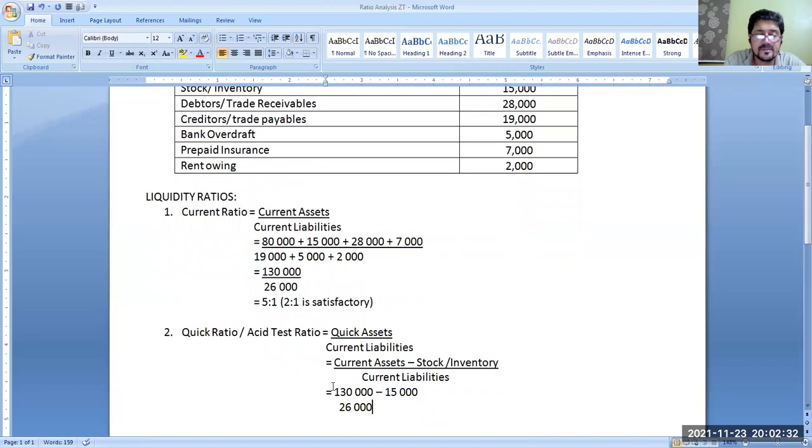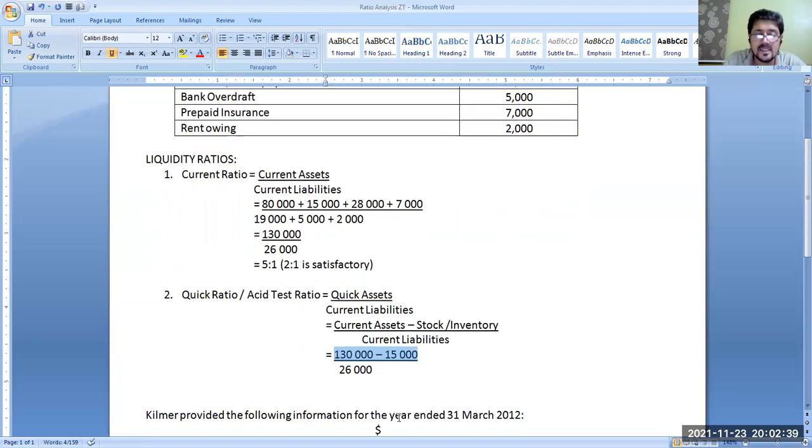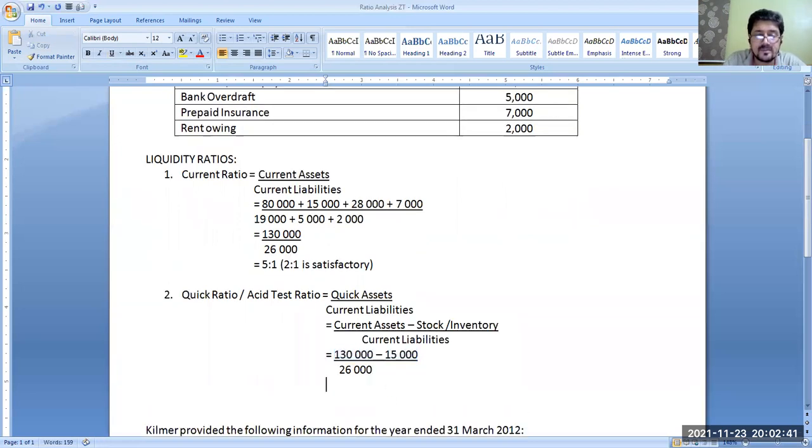This is how we calculate quick ratio. Got it? So the answer would be 130,000 minus 15,000 is equal to 115,000 divided by 26,000. The answer is 4.42:1.